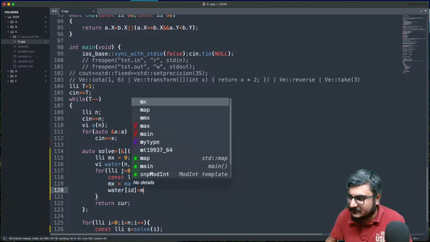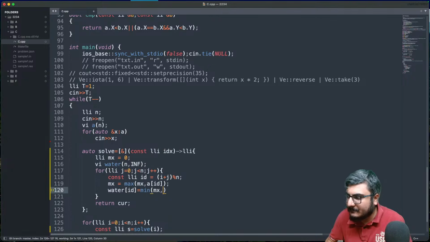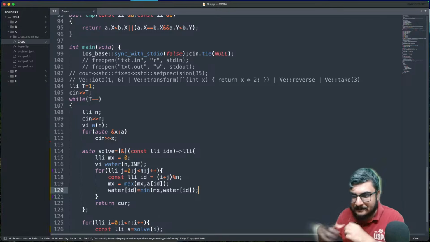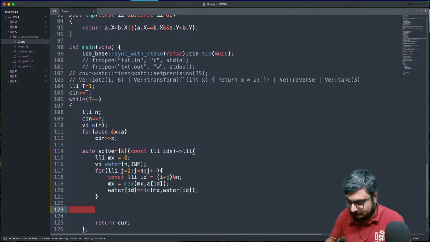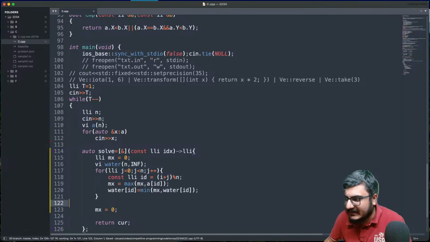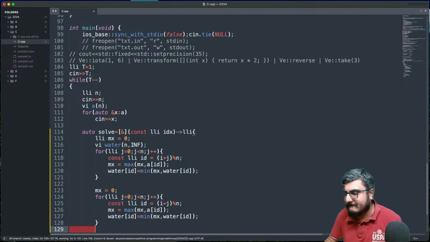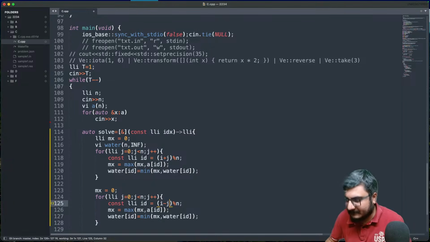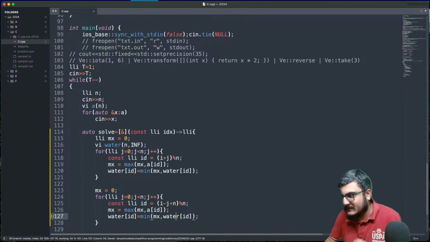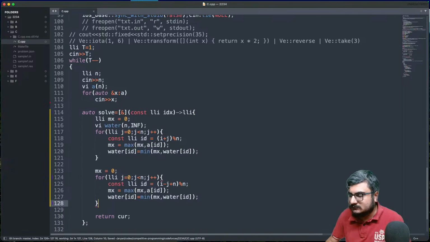Water in IDX. I'm doing one pass to the right side, and then I will do one pass to the left side.